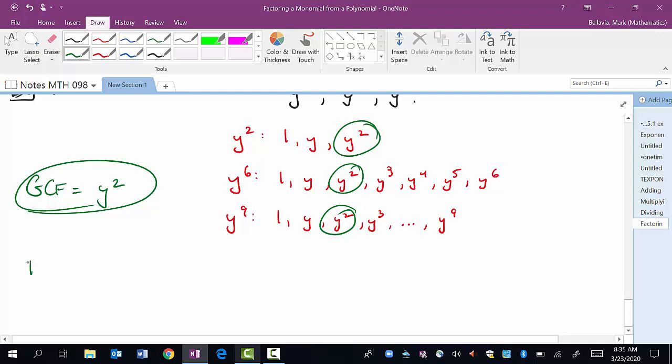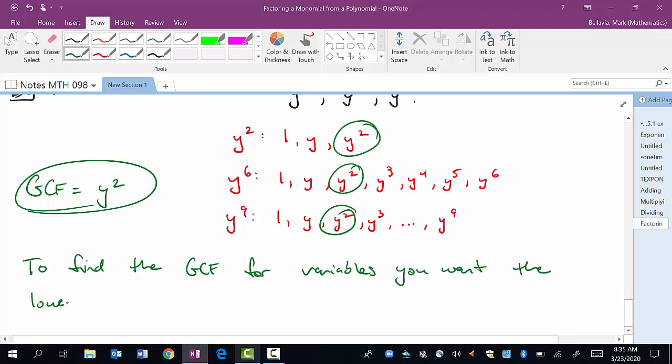To find the GCF for variables, you want the lowest power of that variable that appears.